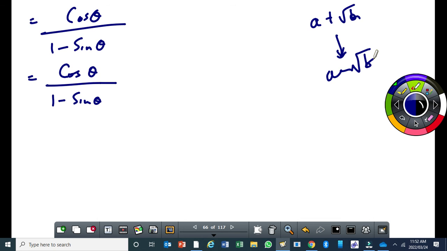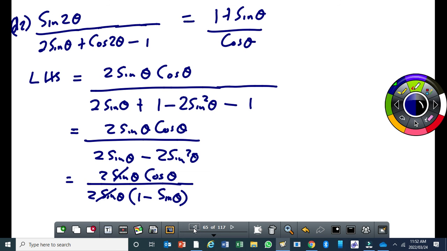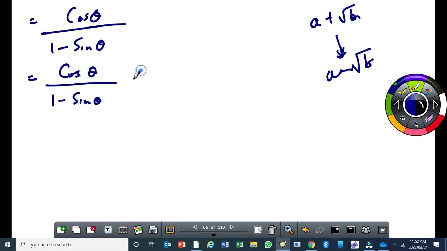So what we can do here, because I know that some of you will be saying, how is it going to get 1 plus sine theta in the numerator and the cos theta in the denominator? We just use the conjugate of the denominator. And that conjugate is going to be times 1 plus sine theta over 1 plus sine theta.